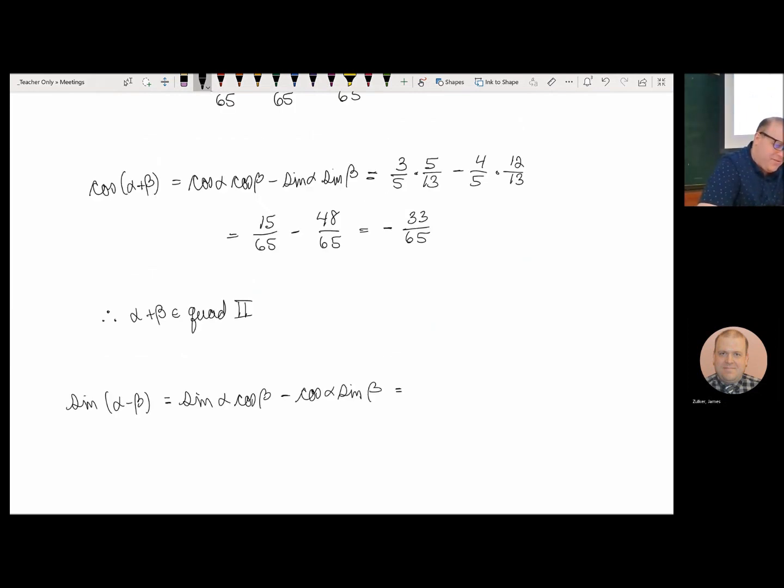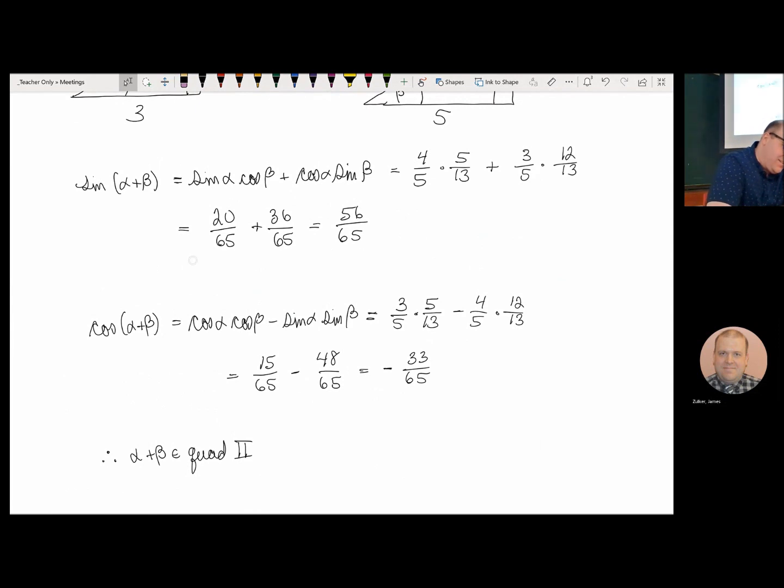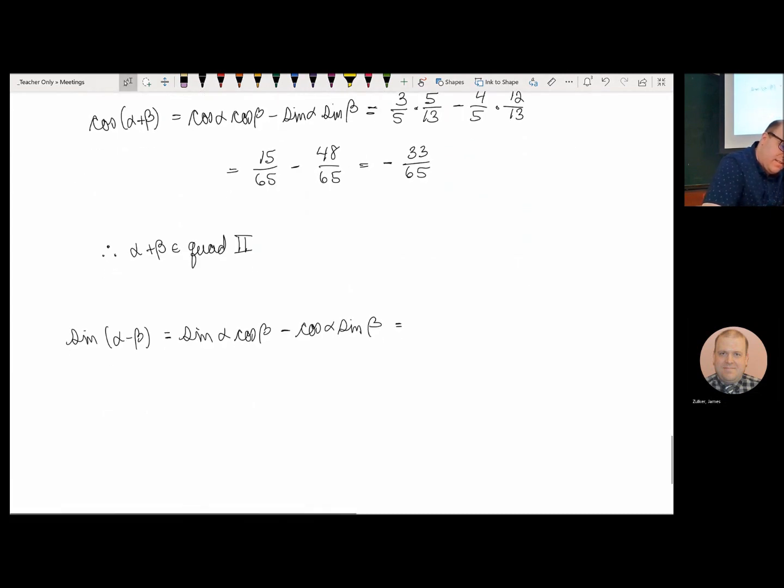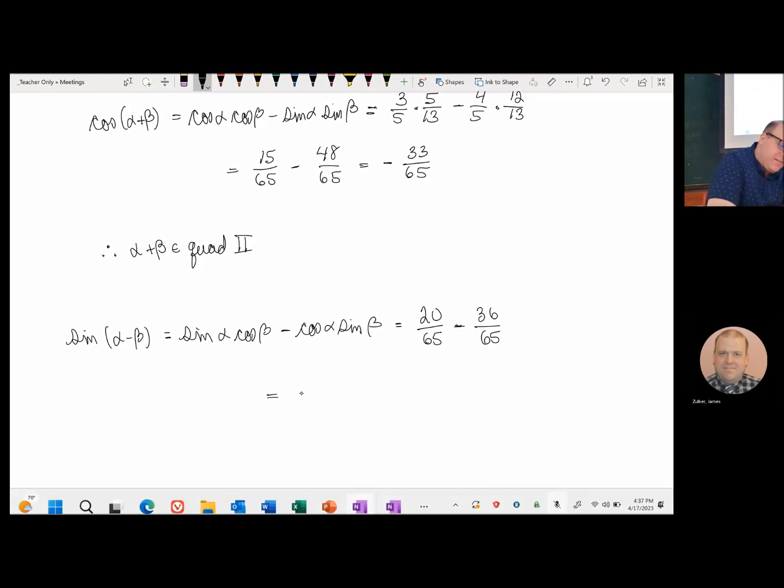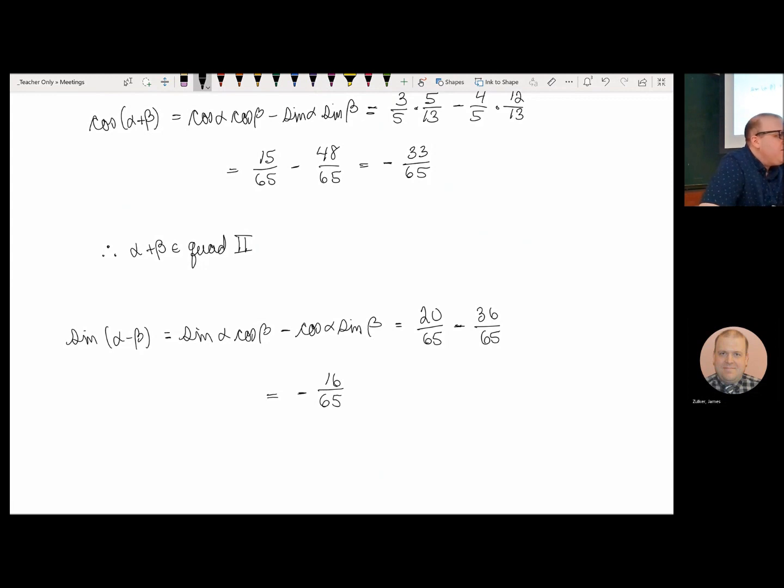Now, of course, we have all this. I can just bring this down and turn that plus into a minus. The 20 over 65 minus 36 over 65 is negative 16 over 65.